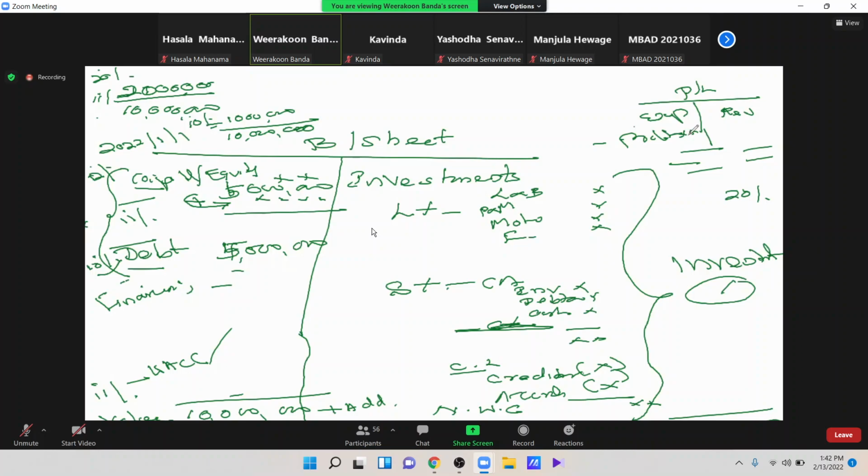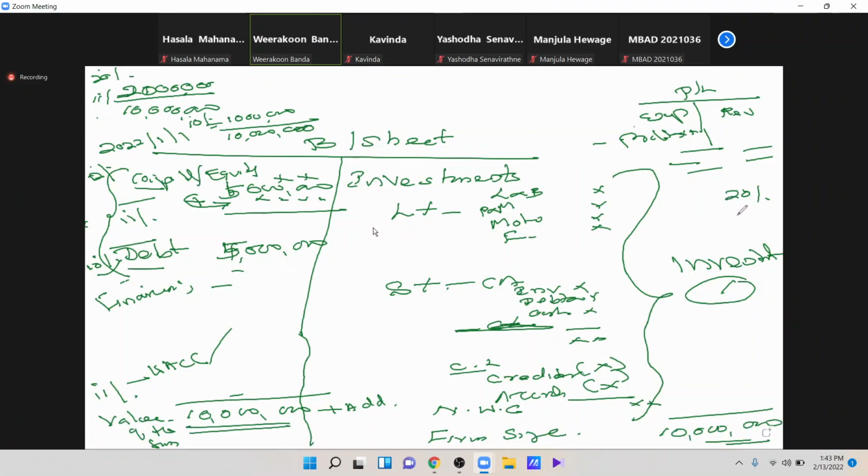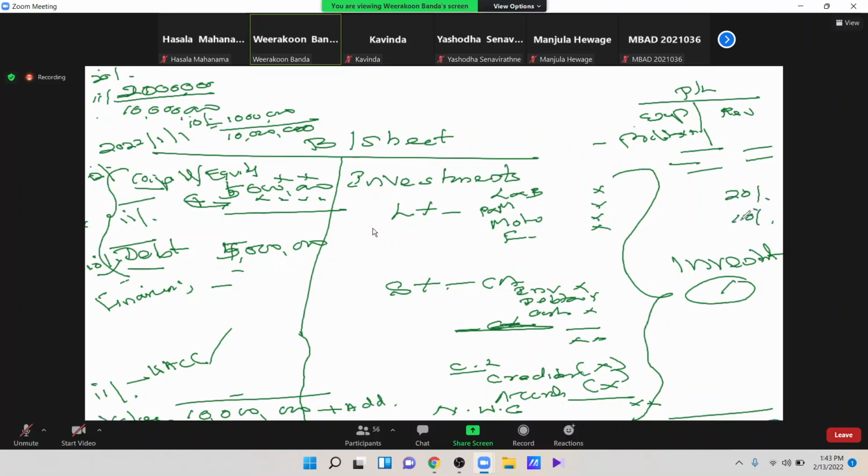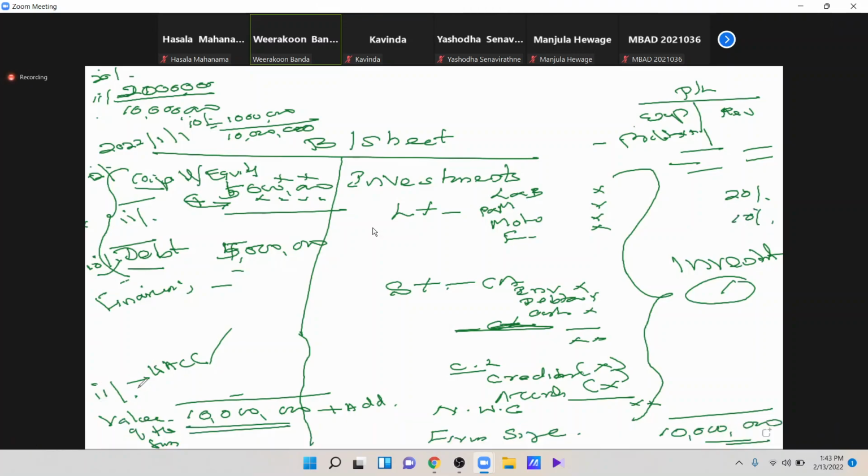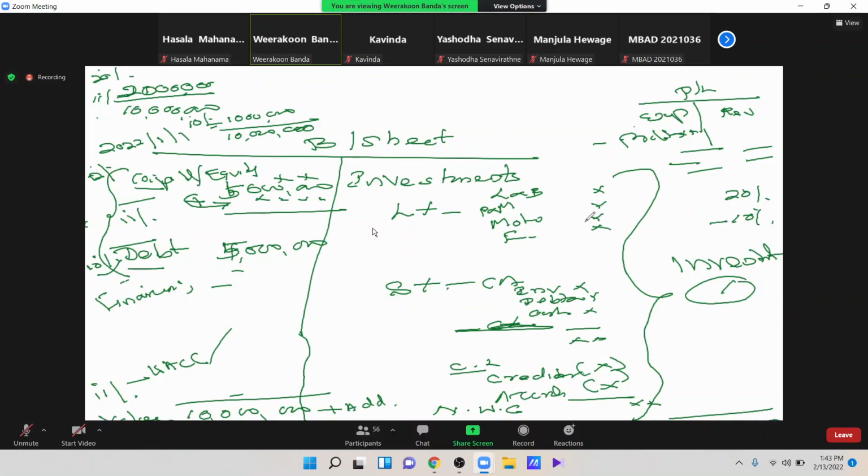If the profit is 1 million rupees, then your return on capital employed, ROCE, becomes 10%. Then what will happen? On the other hand, you have to pay an 11% cost to the investors. You earn only a 10% rate. So annually you make a loss, a 1% loss.